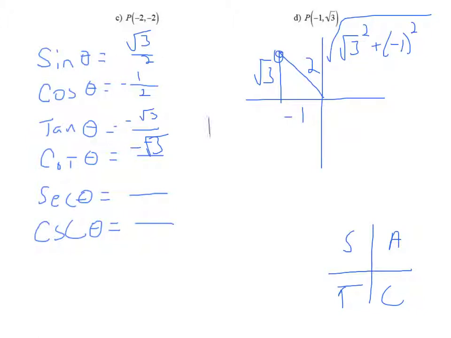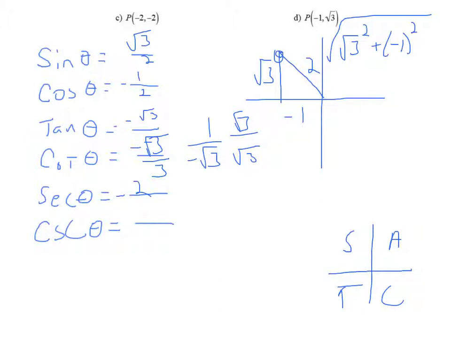Okay, so the reciprocal of 1 over negative square root of 3. So that means I've got to rationalize it, which would give me negative square root of 3 over 3, because root 3 times root 3 is 3. And the secant is the reciprocal of the cosine, which is negative 2.